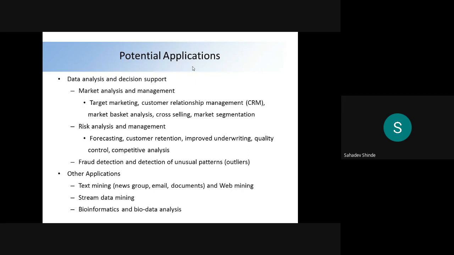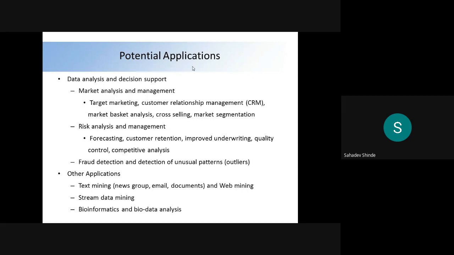Again risk analysis and management: forecasting, customer retention, improved underwriting, quality control, and competitive analysis. The next one is fraud detection and the detection of unusual patterns. There also we are going to use data mining concepts.